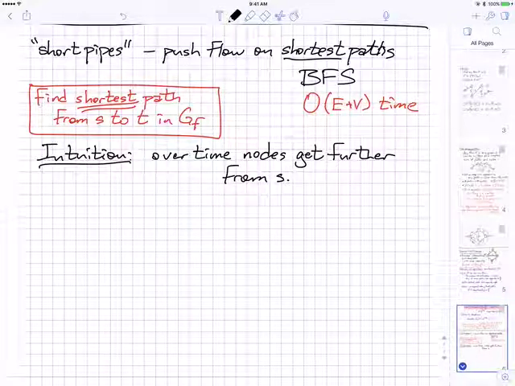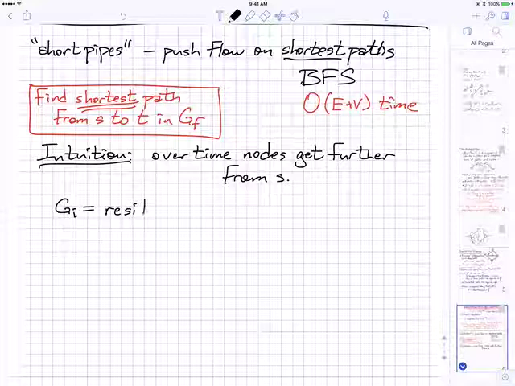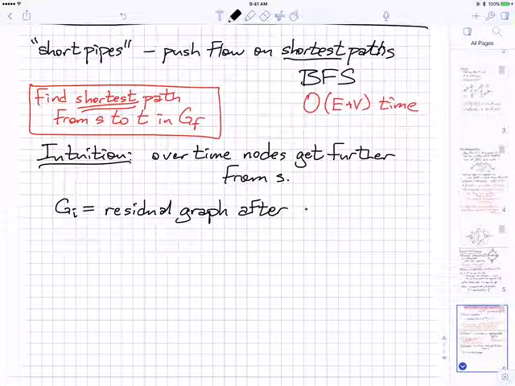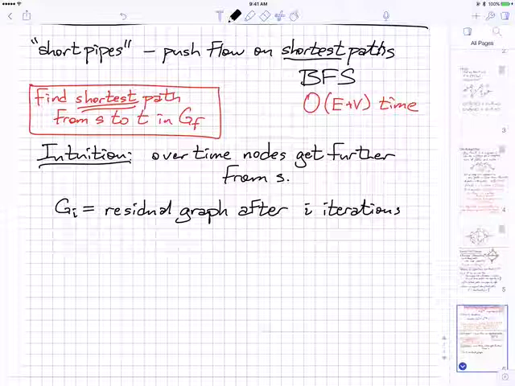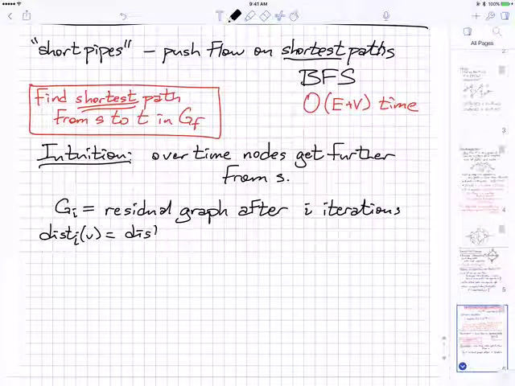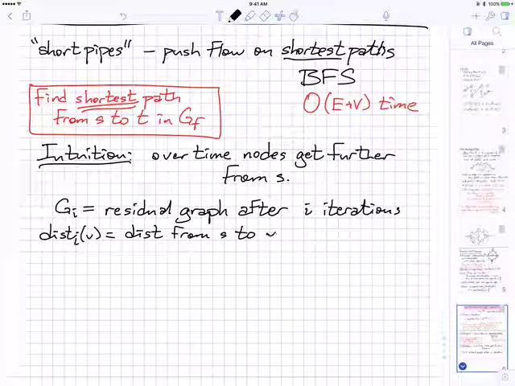If I want to formalize this, I can say let G sub i be the residual graph after i iterations of this algorithm. I'll define the distance δ sub i of v. This is the distance from S to v in this ith residual graph.